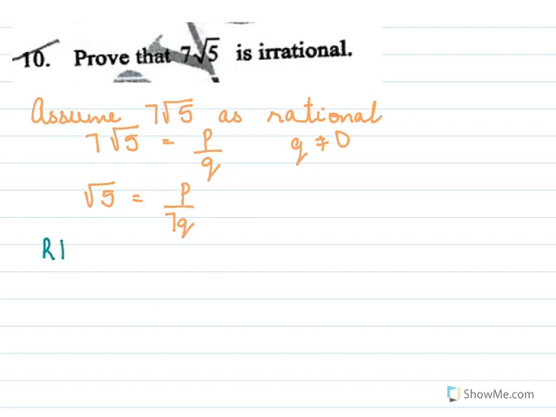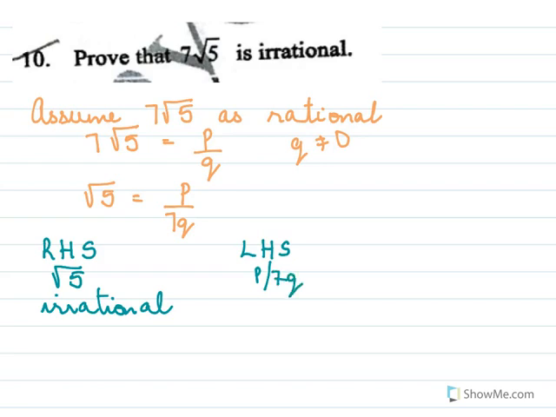Now the right hand side is root 5 and it is irrational. We know it is irrational, under root 5. And the left hand side is P over 7Q. P, 7Q are all rational. Therefore, P over 7Q is also rational.